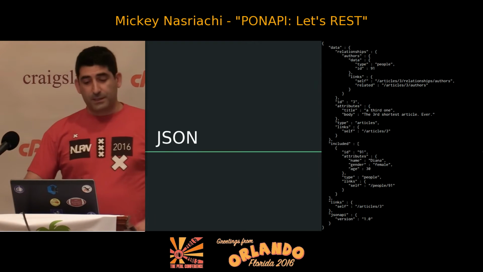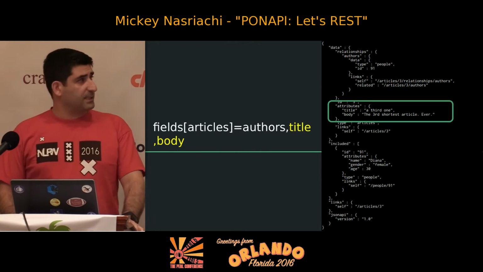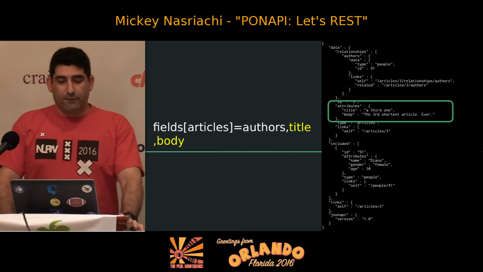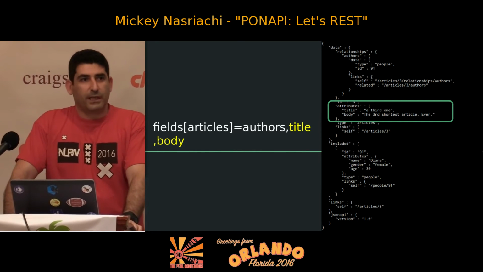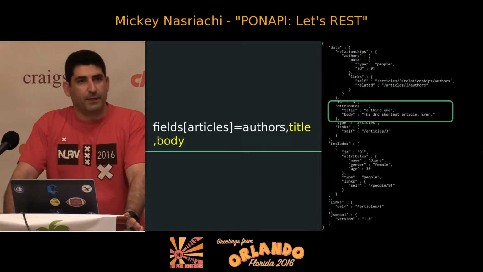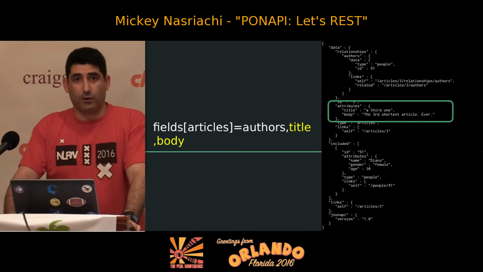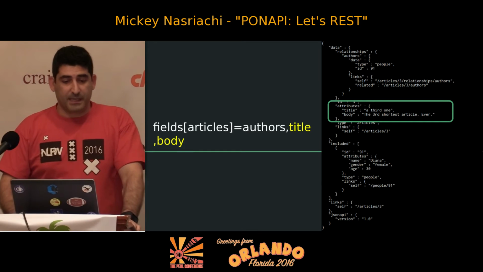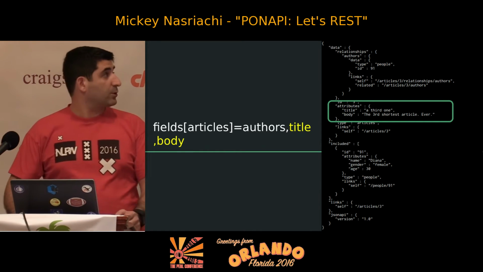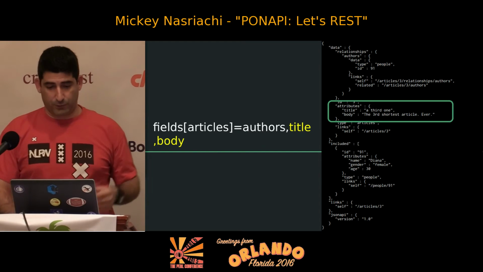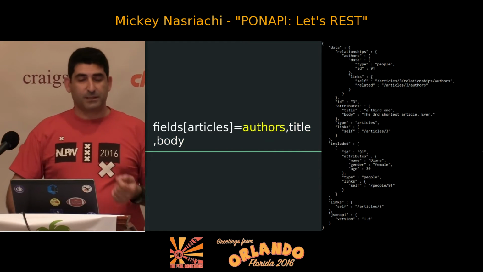Now we got the different JSON. In this case, we asked for fields filtering. So just like with the normal query would be something along the lines of select star, this is like select and specifying the columns that we want to get back. So we said title and body. These are two attributes. So the attribute section shrunk to just those two. And we also specified authors.